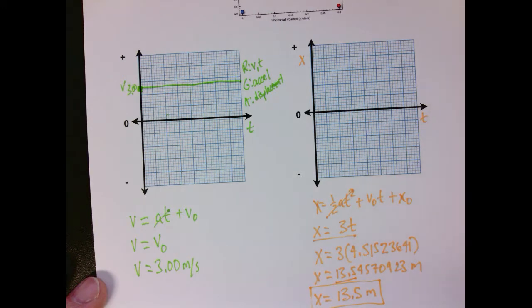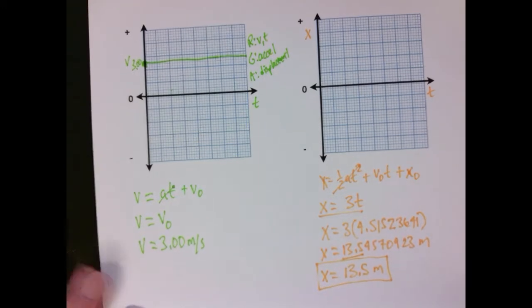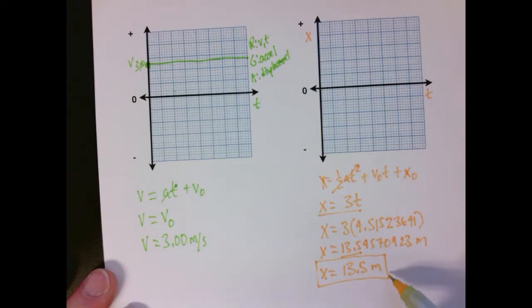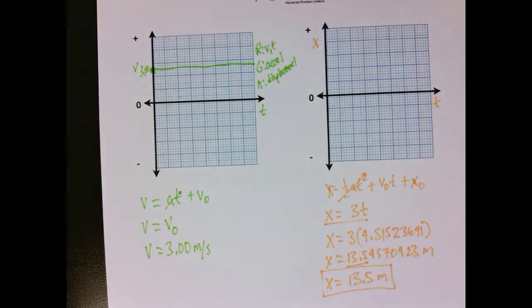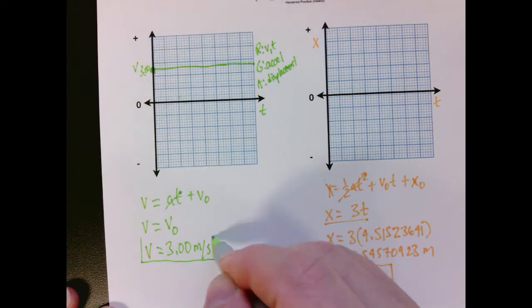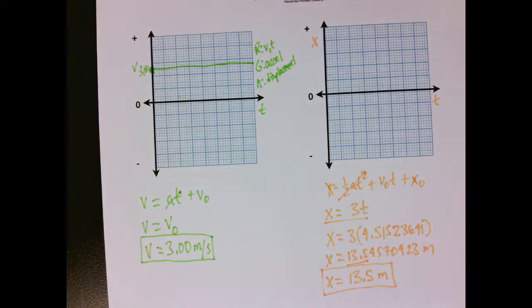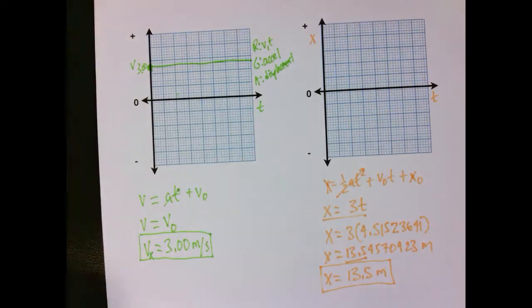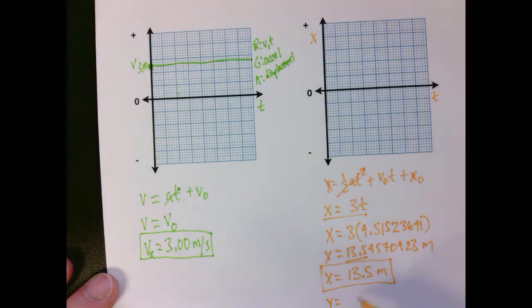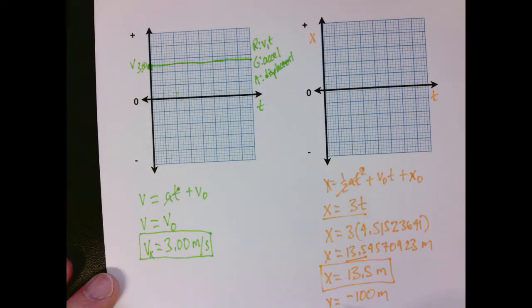Now for the people in the helicopter, they're going to say it moved 13.5 meters, and that it's traveling at 3 meters per second. Now, if we remember on the previous, so this is Vx, and this is x. For Spider-Man, y was minus 100 meters. So they disagree on the position.